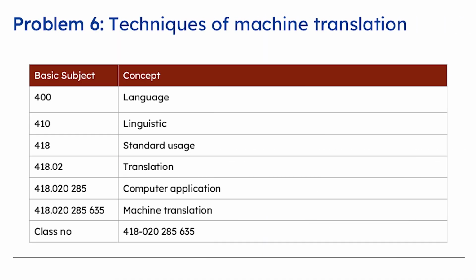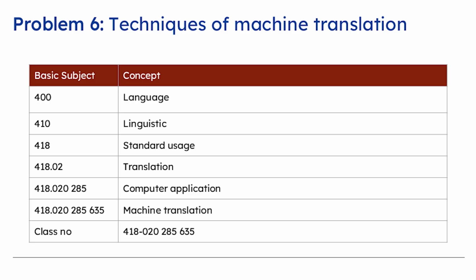The next problem is techniques of machine translation. Translation means language is translated. Any discourse based on language is translated, but here it is done by machine only. So it is a language problem.